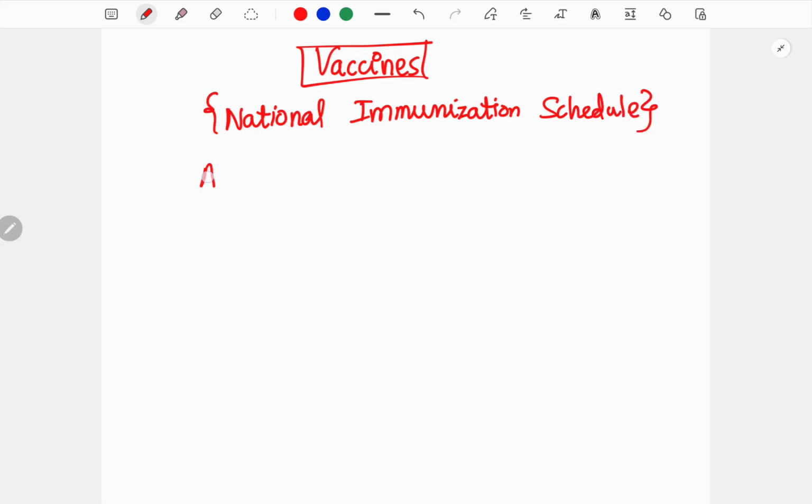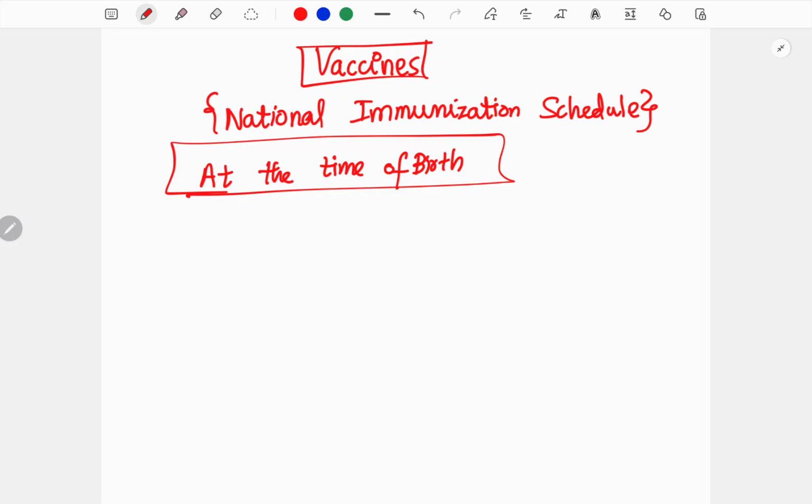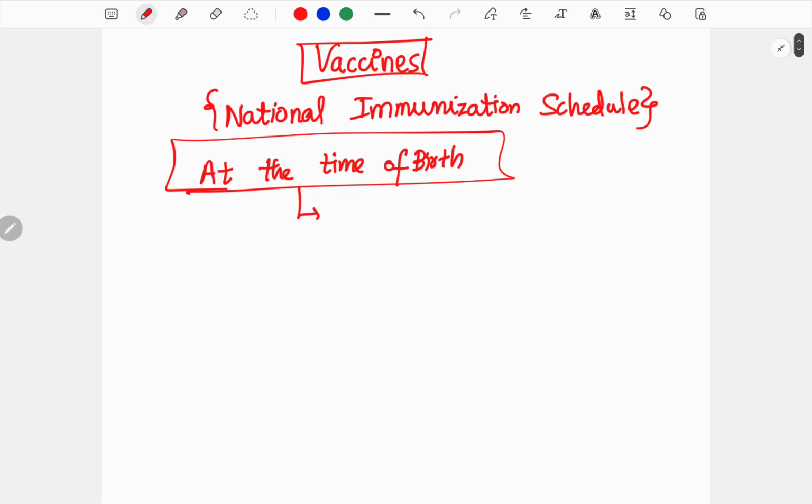At the time of birth, the neonate has to take three types of vaccines.